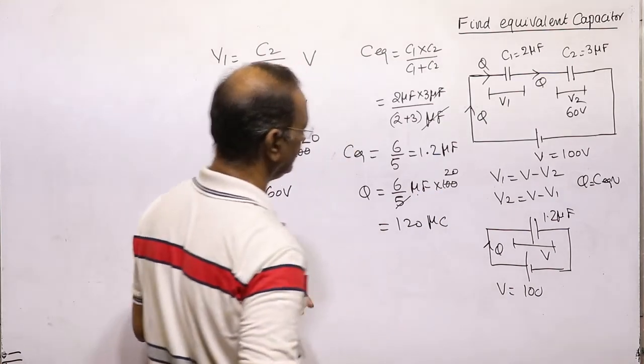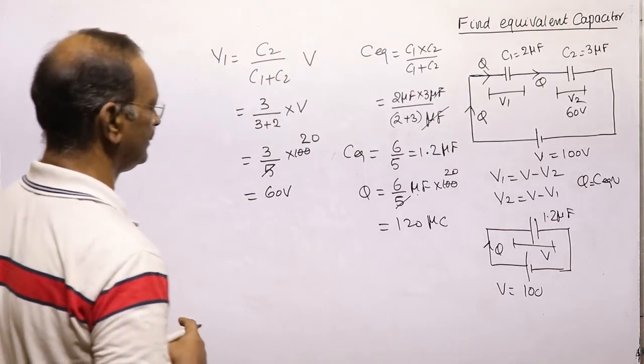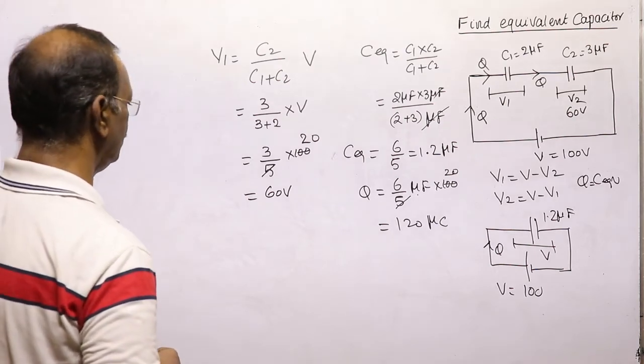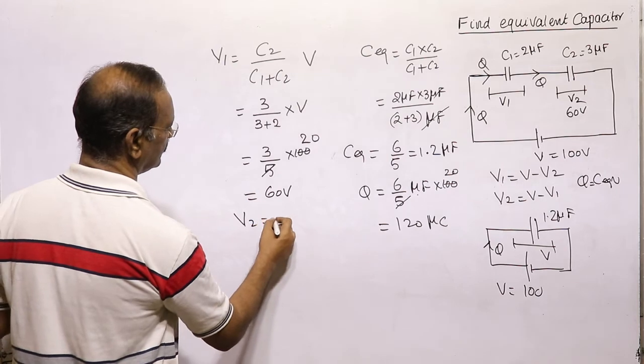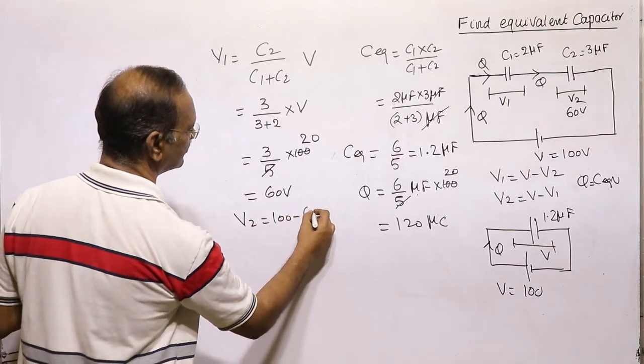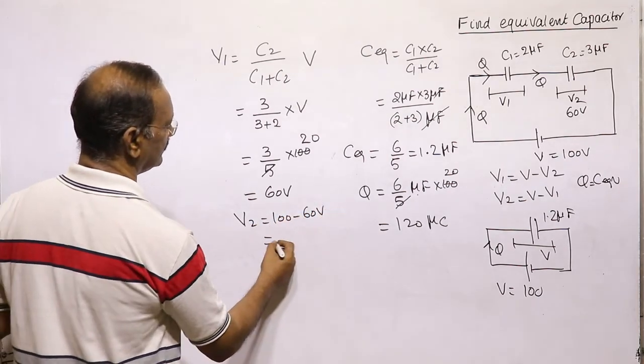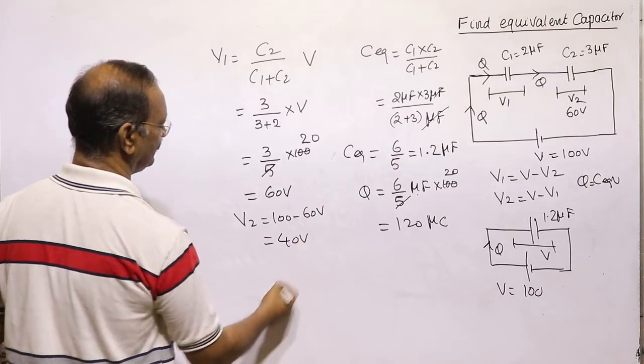Since micro is coming in, the charge is 120 microcoulomb, and V1 is equal to 60 volt. Obviously, V2 is equal to 100 minus 60, which is 40 volt.